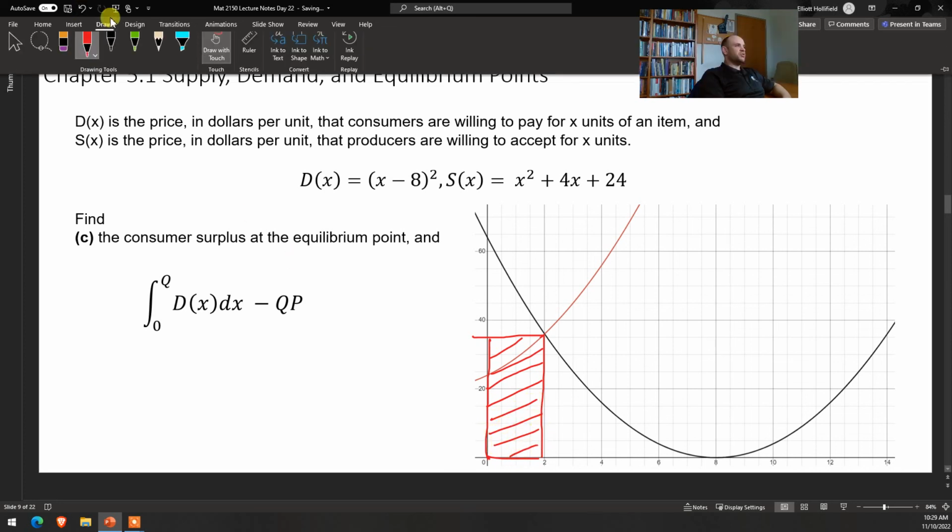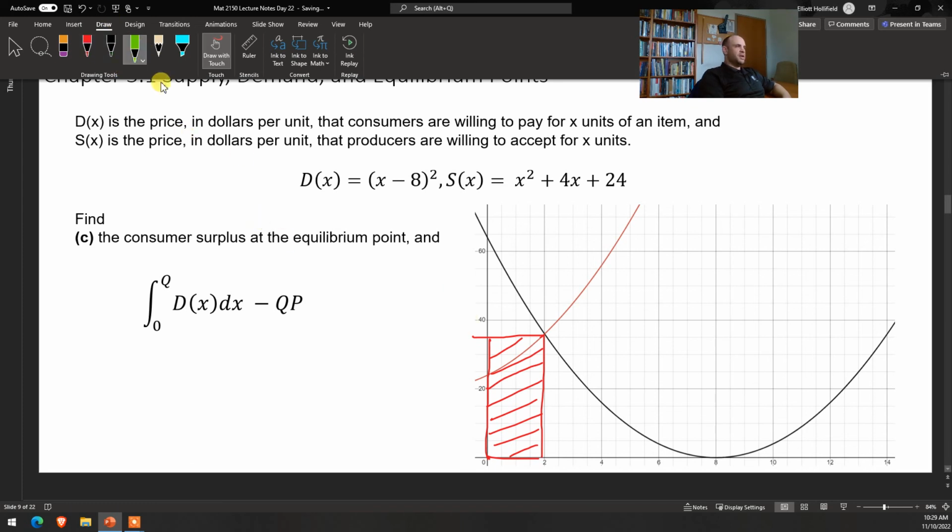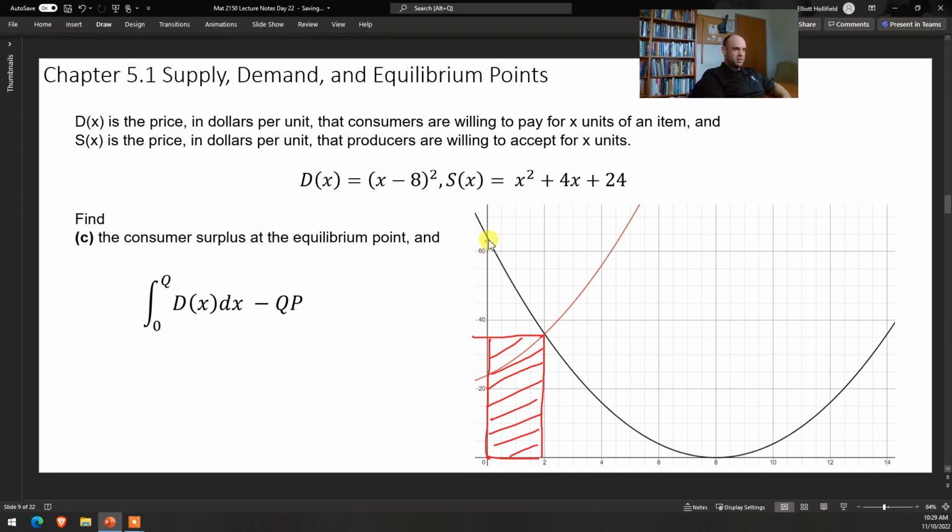Our consumer surplus is the area underneath the consumer price curve, which visually gives us the area of this region.